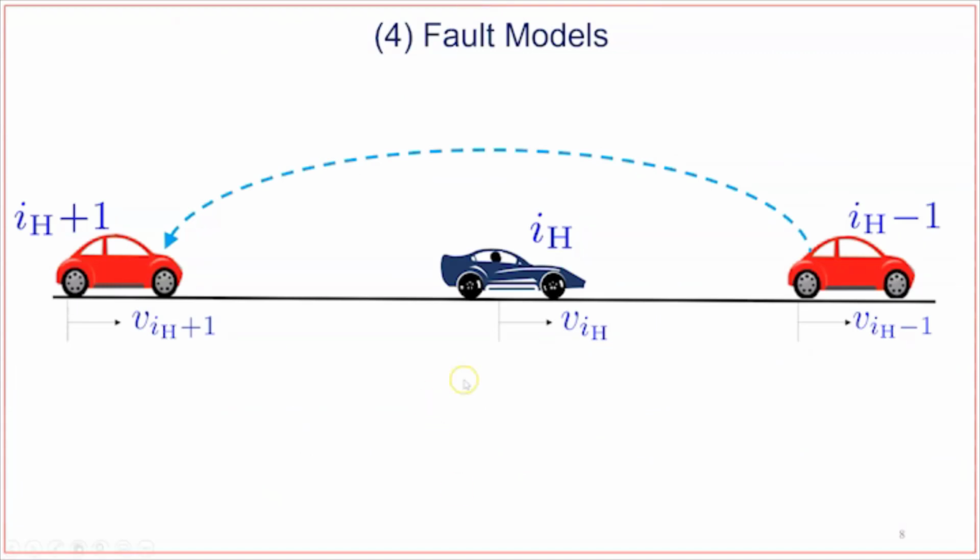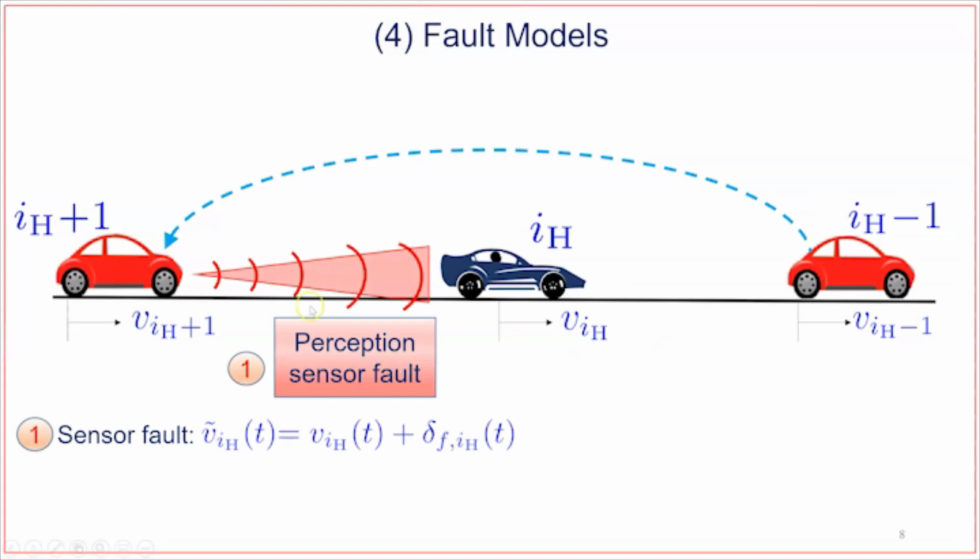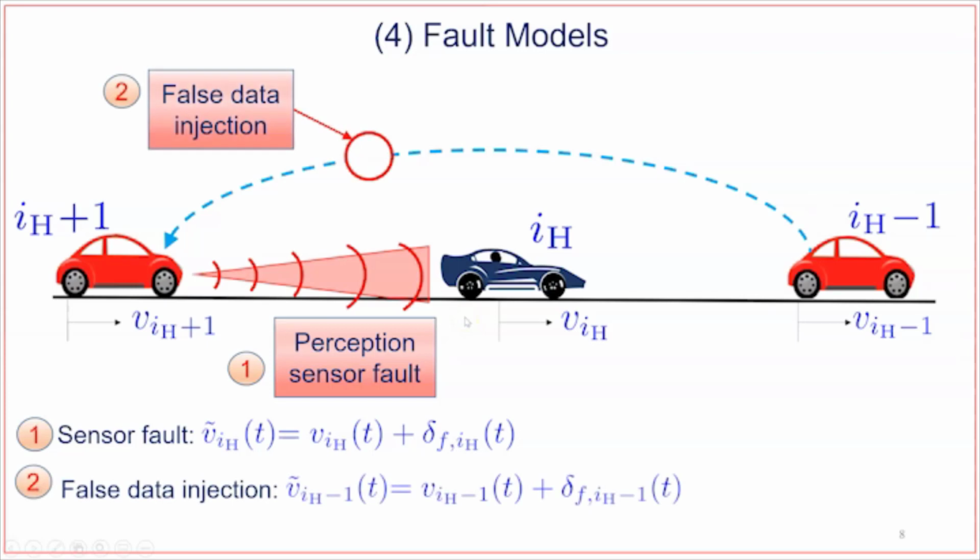To model these faults, we first model the perception sensor fault, which is a fault of the vehicle that follows the human-driven vehicle. So we model this fault as a bounded noise signal added to the measurements of VI, H. The second fault is the false data injection in the communication link between the vehicle that is in front of the human-driven vehicle and the vehicle that follows the human-driven vehicle.